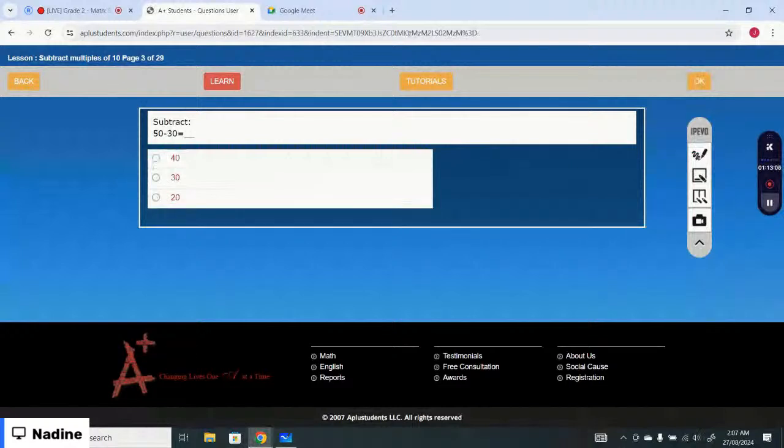The next one is 50 take away 30. So which is the correct option? You can subtract and write the answer in the chat box.